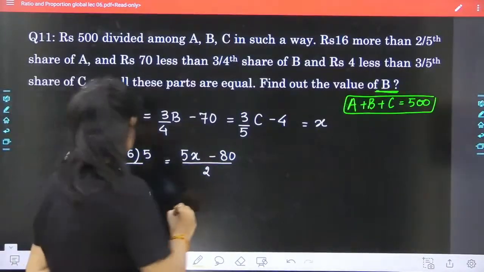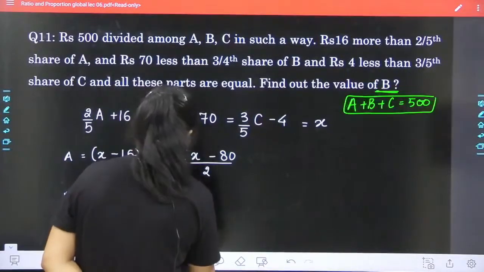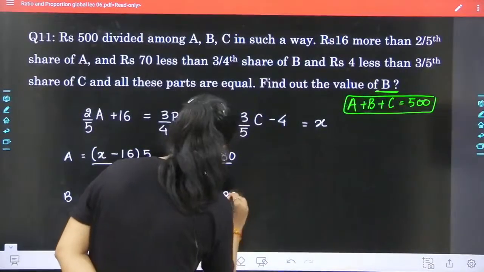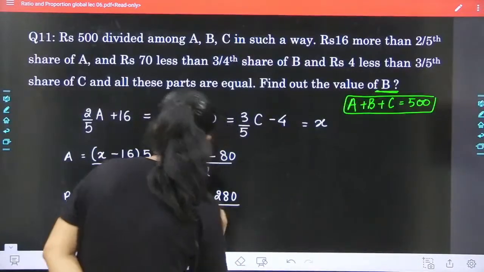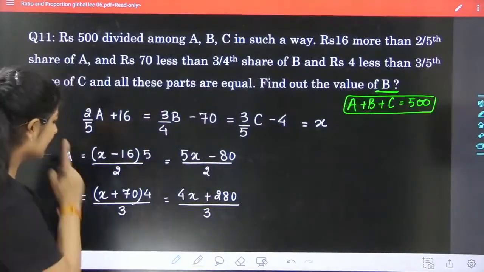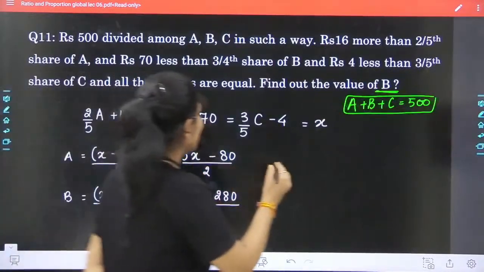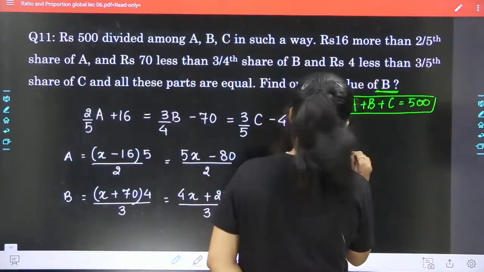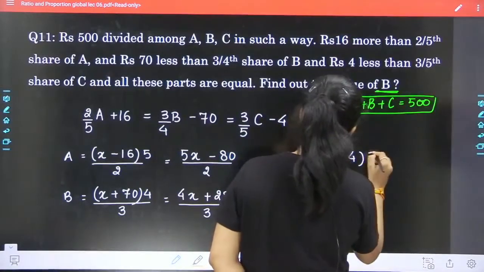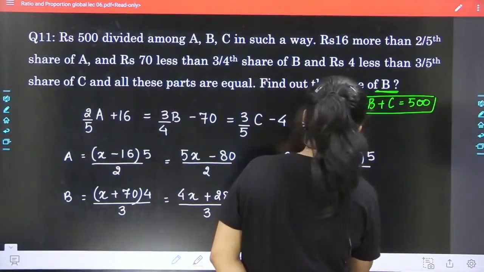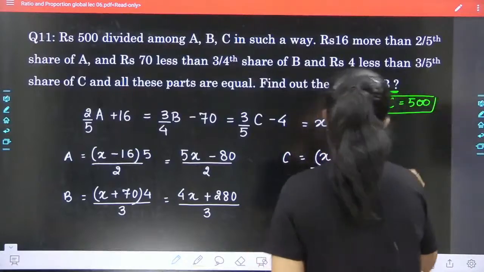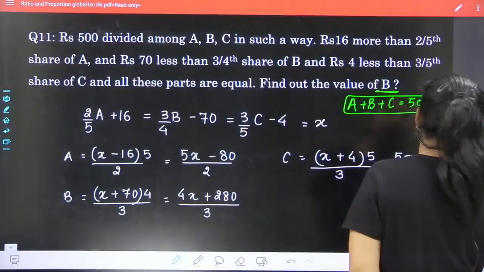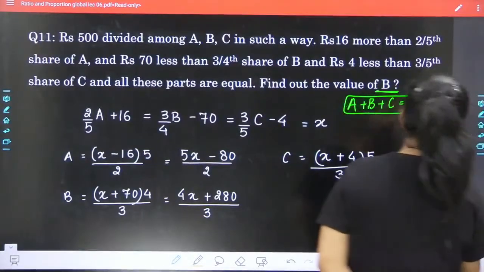Very good, Sham. So (4x plus 280) divided by 3 is equal to B. And from this, C is equal to (x plus 4) multiplied by 5 divided by 3, or (5x plus 20) divided by 3.